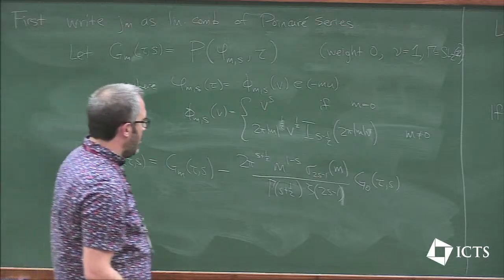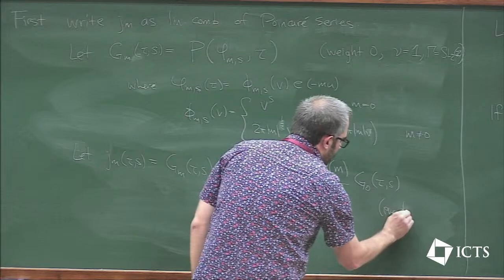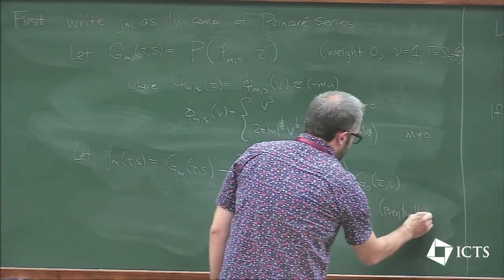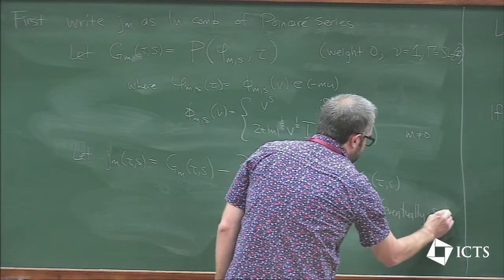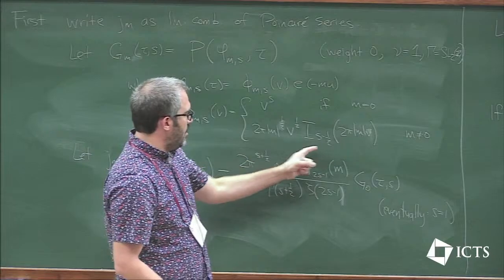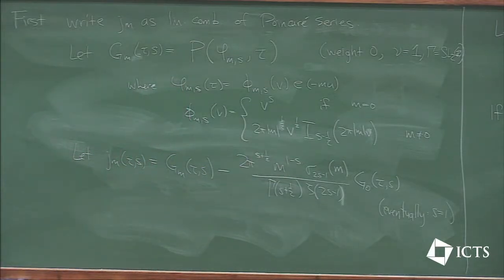Now, what we're eventually going to do, and by eventually I mean like the next line, is take s equals 1. Because at s equals 1, this becomes holomorphic, and this Poincare series will give us a weakly holomorphic modular form.